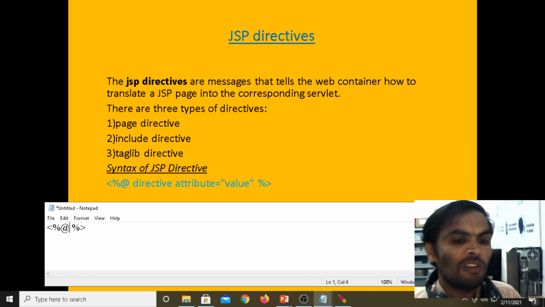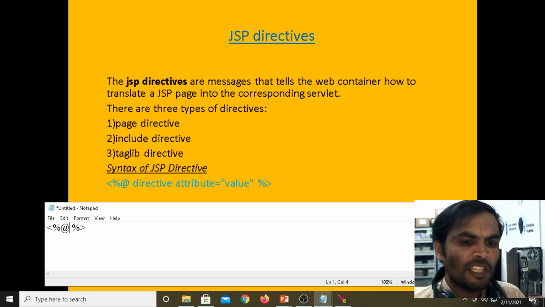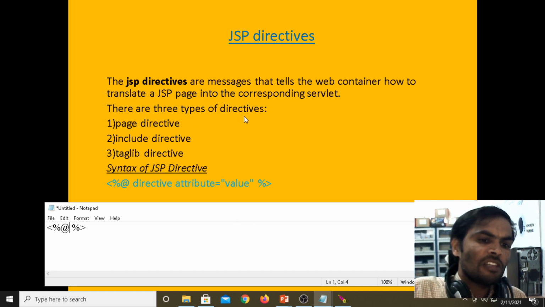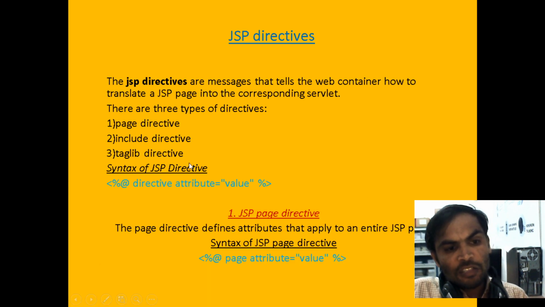So many attributes will be there, and for the attribute, a value will be there. At the rate directive name, the directive name may be page or import, so many will be there. We are learning what the attribute names are under the page directive.